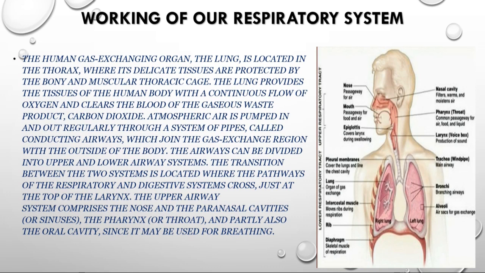The human gas exhaling organ, the lung, is located in the thorax, where its delicate tissues are protected by the bony and muscular thoracic cage, which is known as the rib cage.